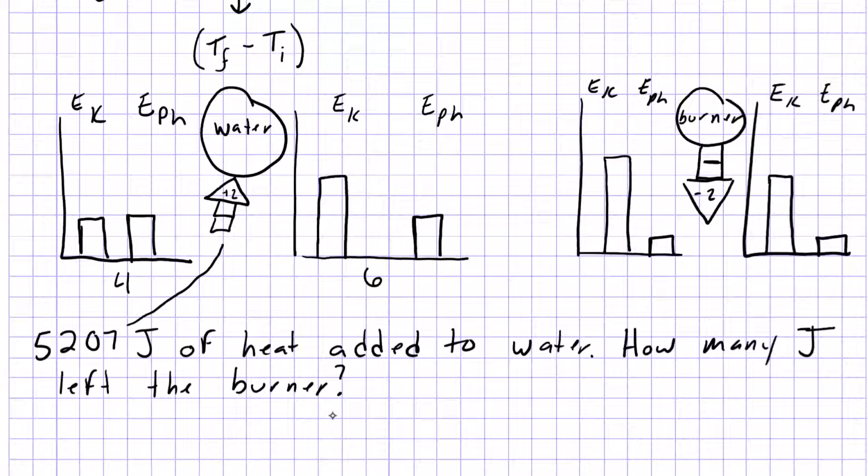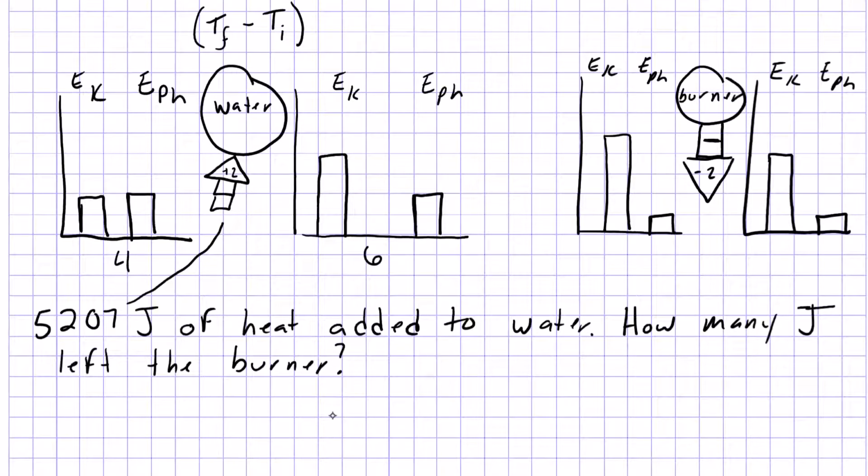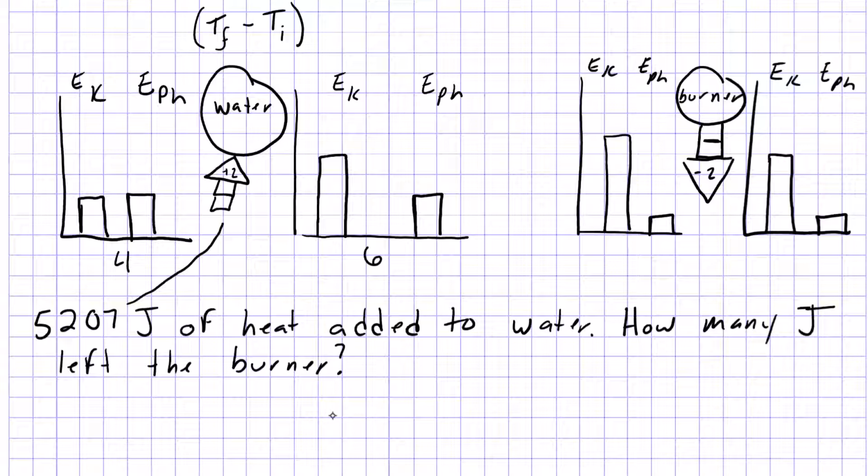So if that's how much was added to the water, how much was removed from the burner? As we said, since it's 2 bars from the burner, the amount that had to have left the burner has to equal the amount that was added to the water. So there was 5,207 joules removed from the burner.